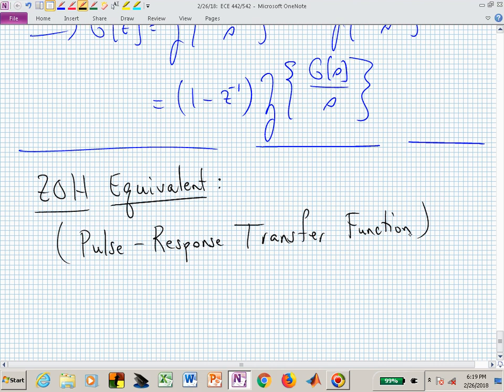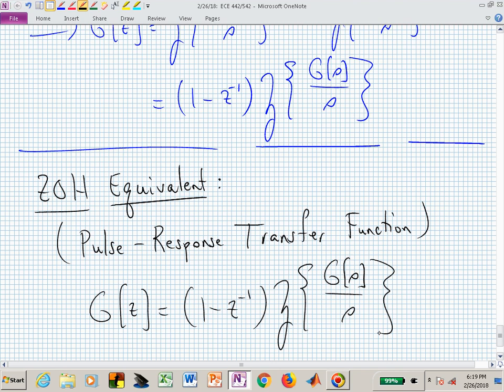This arose from hitting a system with a pulse and finding its transfer function. And that's simply going to be then G of Z is equal to 1 minus Z to the minus 1 times the Z transform of G of S over S.